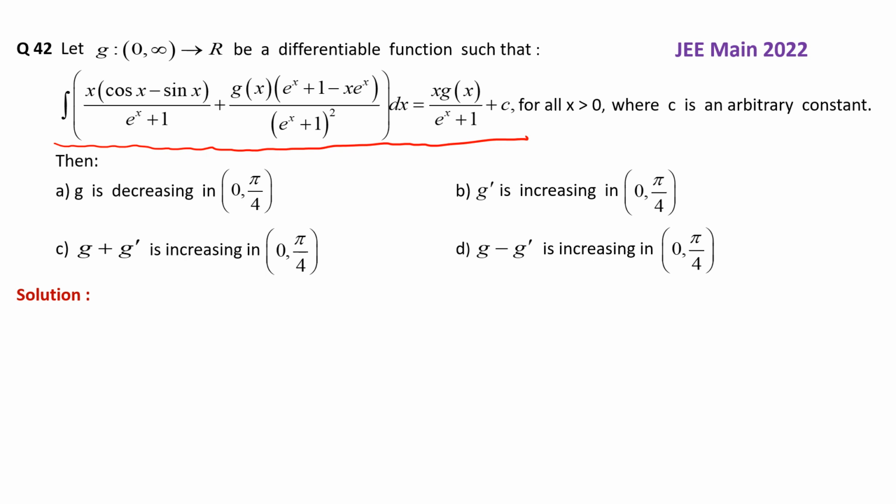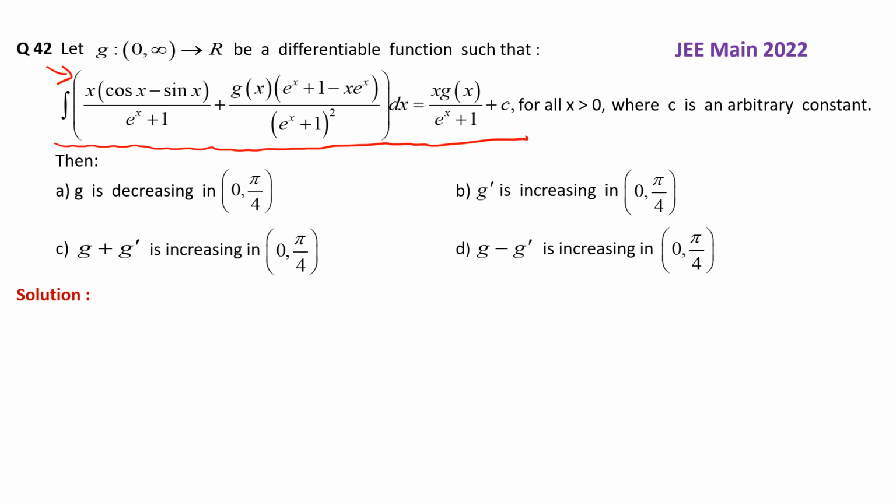Now students, we know that whenever we have to differentiate integral of f(x) dx with respect to x, then we get just f(x). So that means while differentiating the term on the left hand side, I will be getting the function inside the integral sign.